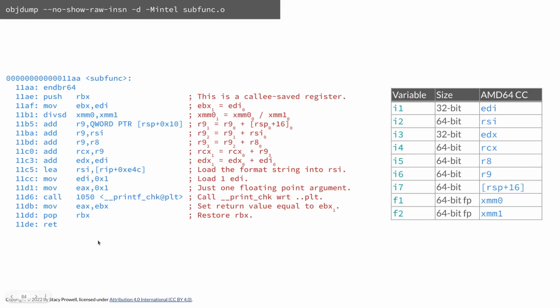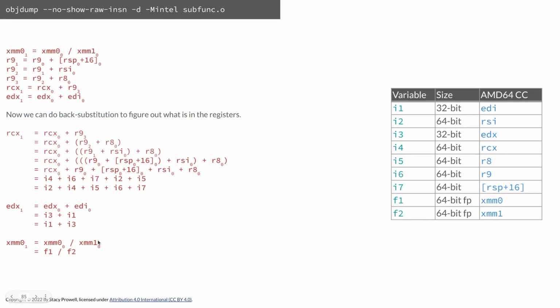Well, let's see. If we do the back substitutions, we put it in static single assignment, we do the back substitutions, we get what we would expect. EDX1 is EDX0 plus EDI1. EDX and EDI are the two 32-bit ones, and they're added.